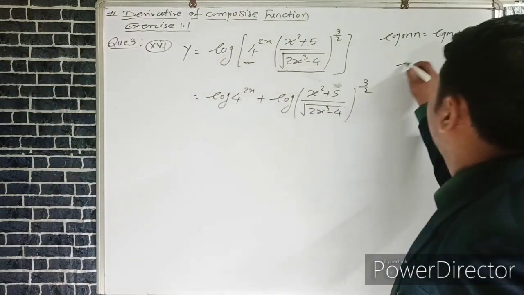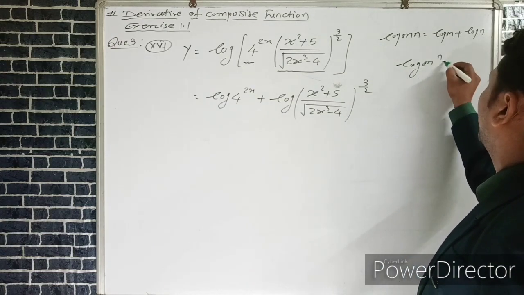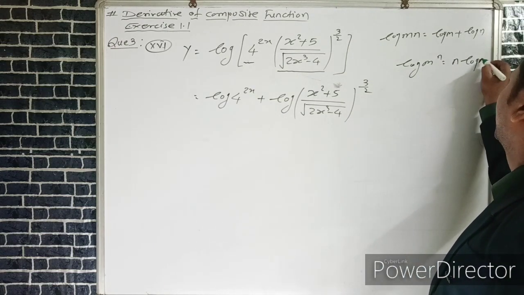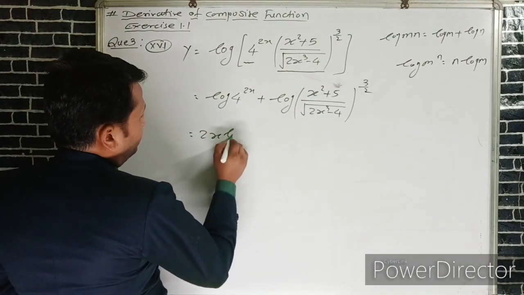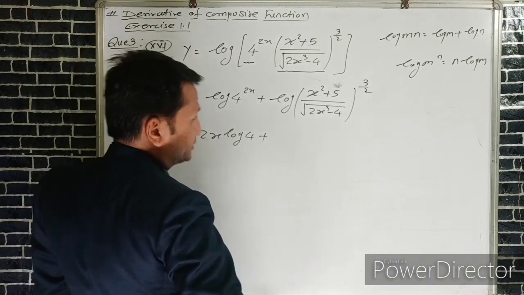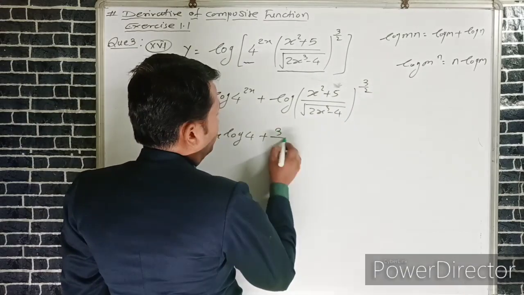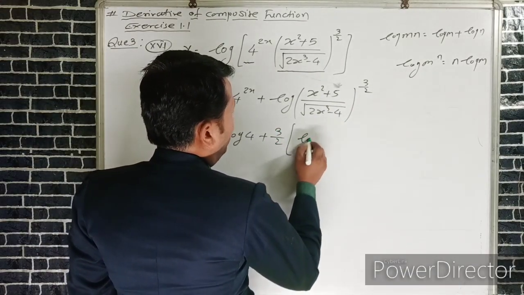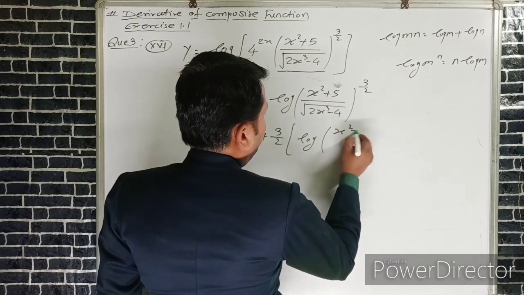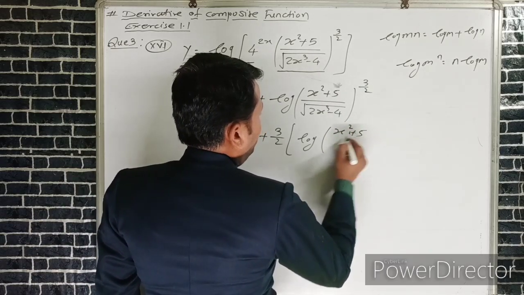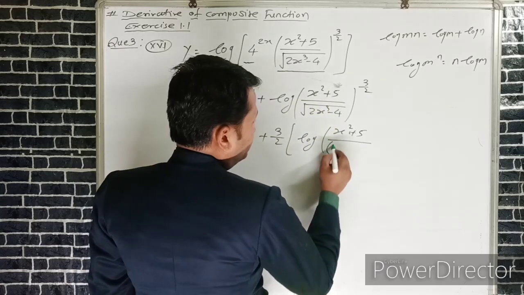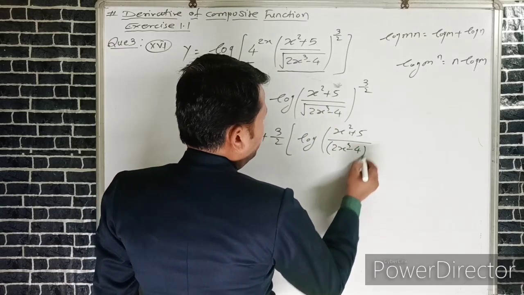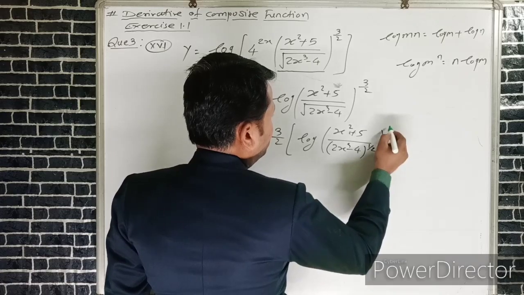We know that log of m raised to the power n is n log m. Hence we can write 2x into log 4 plus 3 by 2 into log of x square plus 5 upon, we can write this under root function as 2x cube minus 4 whole raised to the power 1 by 2.